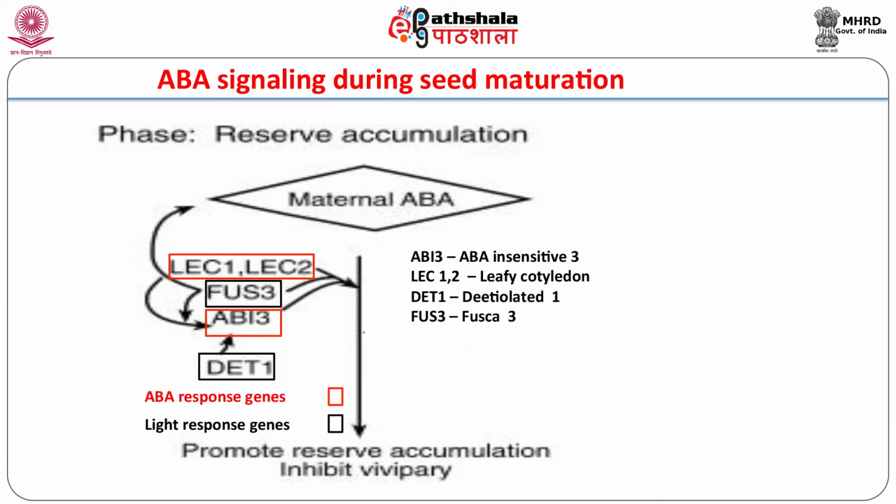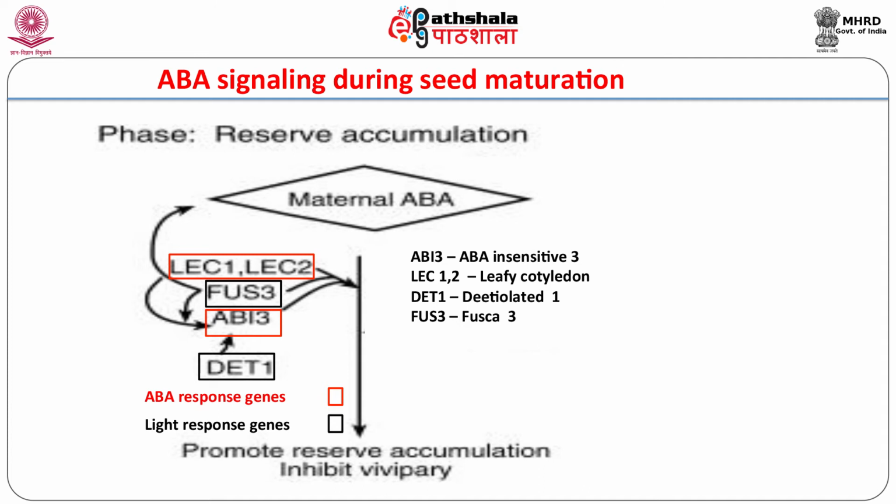ABA also plays an important role during seed development, and ABA levels are seen to increase during two phases, namely during accumulation of reserves and during the desiccation phase. ABA leads to inhibition of cell division and growth that would otherwise lead to precocious germination or vivipary.